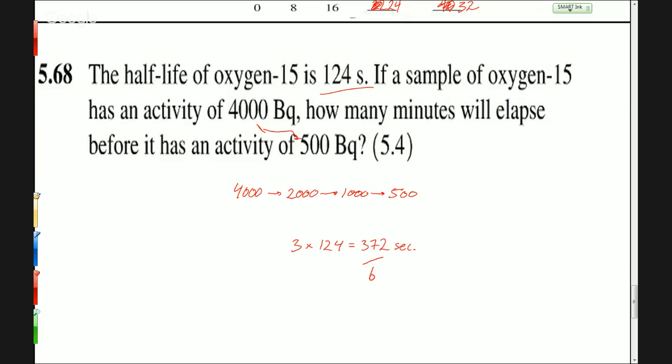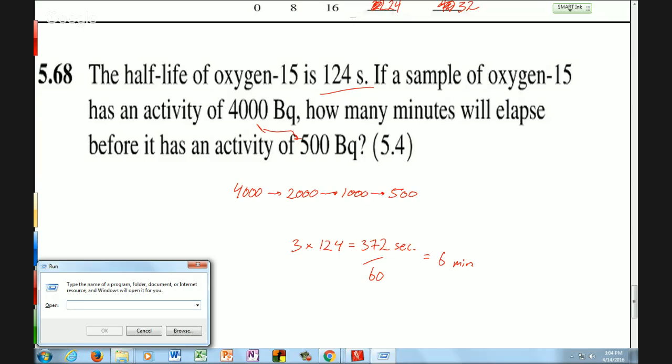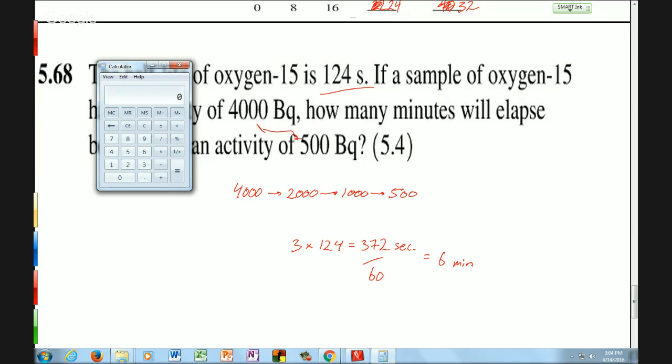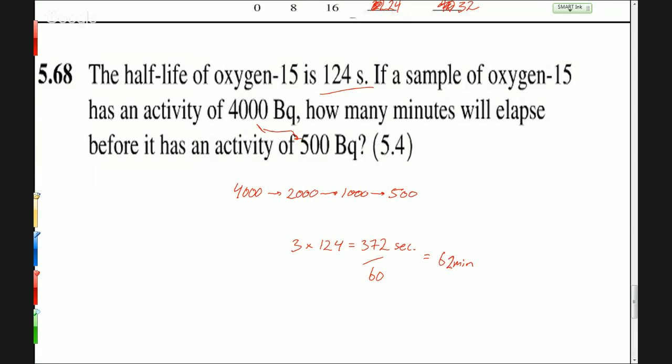And if you divide that by 60, you get 6.2 minutes. So that's 6 minutes and 12 seconds, because 0.2 minutes is 12 seconds.